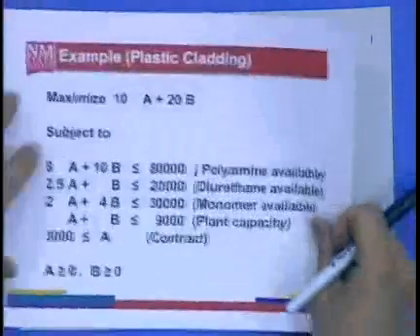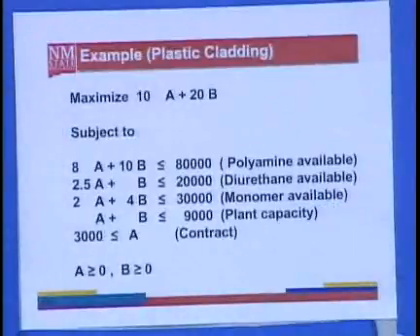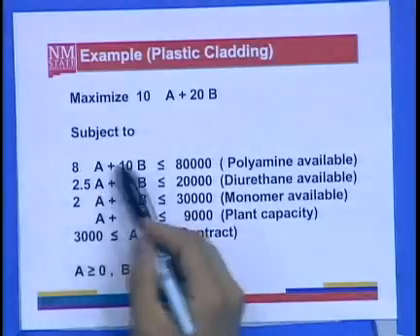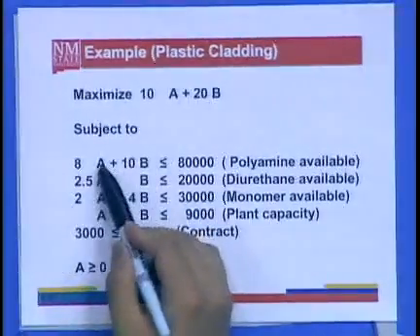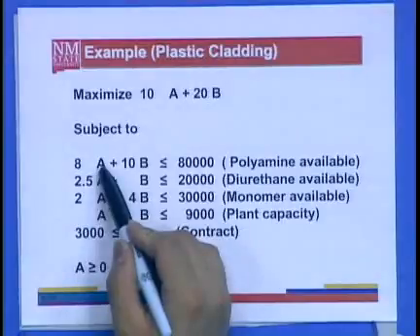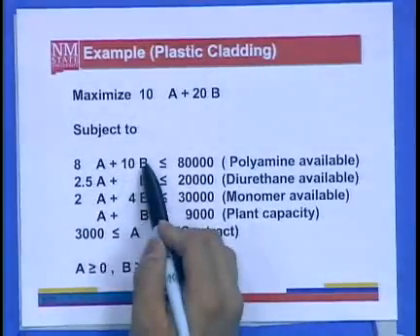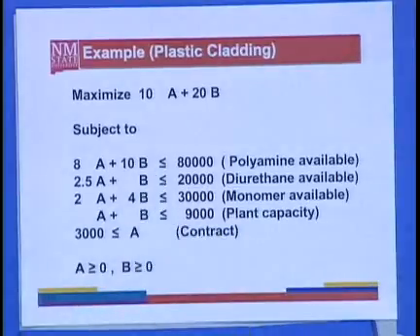And we have a complete LP formulation like this. We define the variables A and B. A stands for the number of yards of N-Color produced. B is the number of yards of Bestlight produced. Okay?